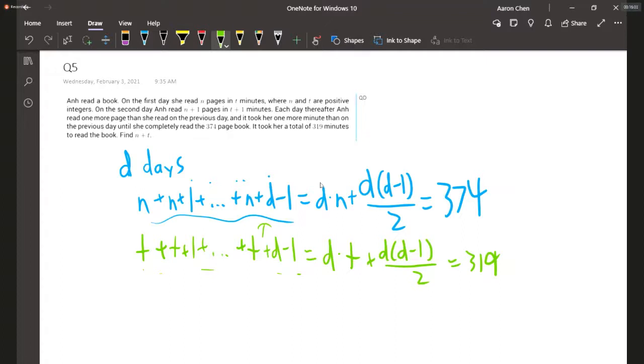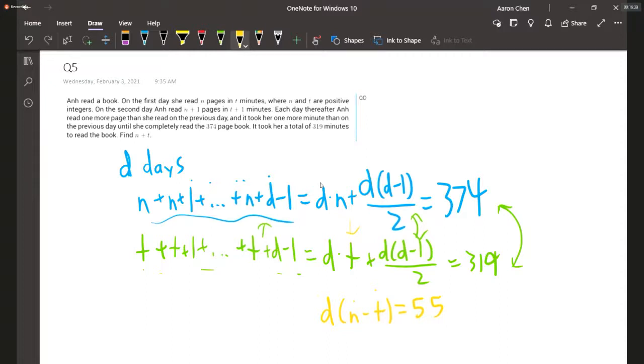So now we have these two equations. And we can see that both of them have the same partial sum of d times d minus 1 over 2. So we can subtract these equations. And when we do, we get that d times n minus t is equal to 55. And now we know that n and t and d are all integers.